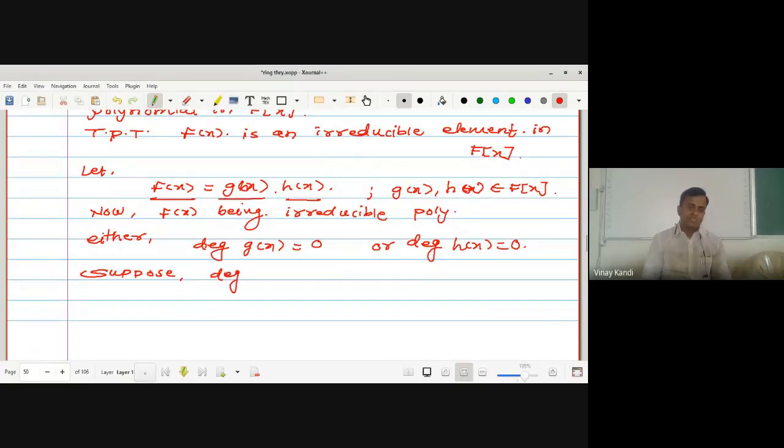the degree of g of x is equal to 0. Okay, so that implies that g of x polynomial is a constant polynomial.